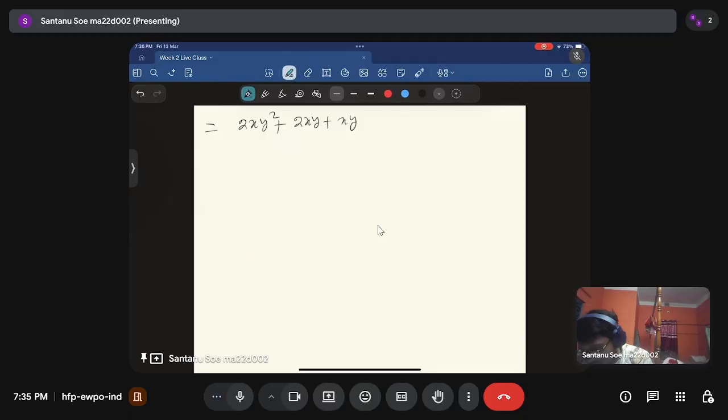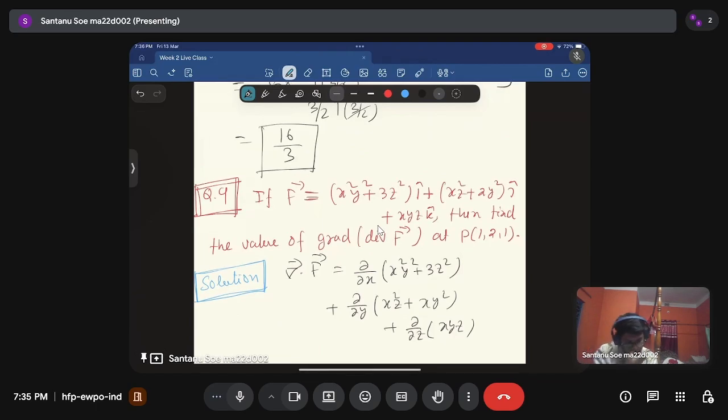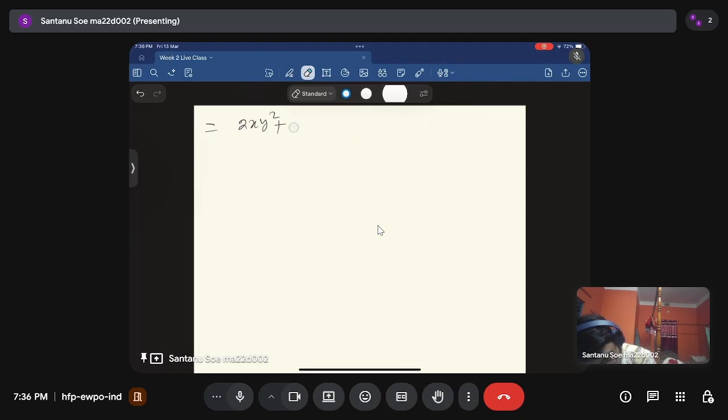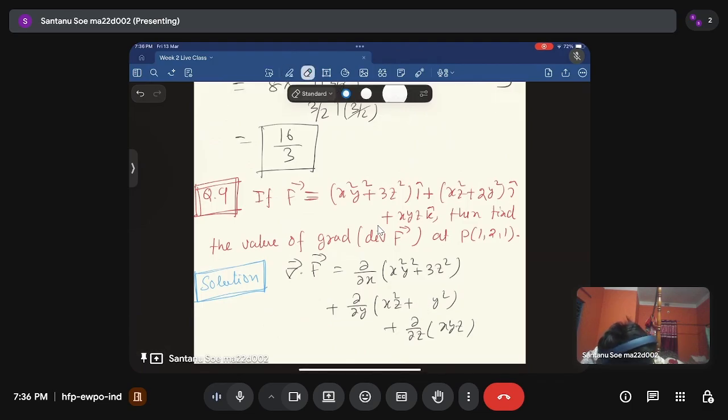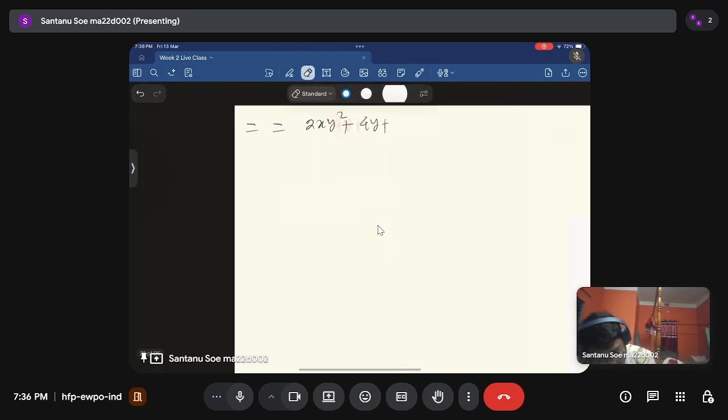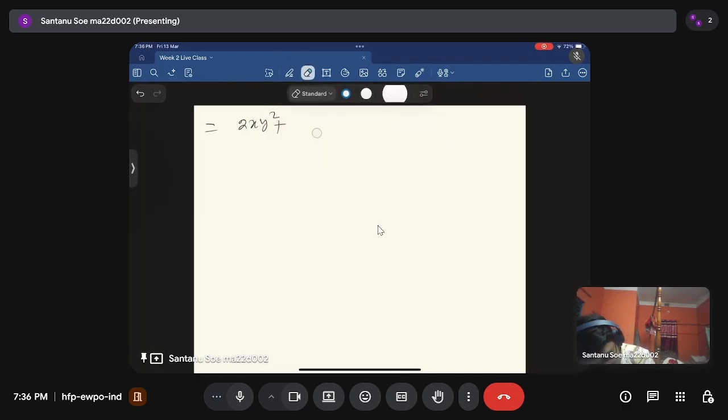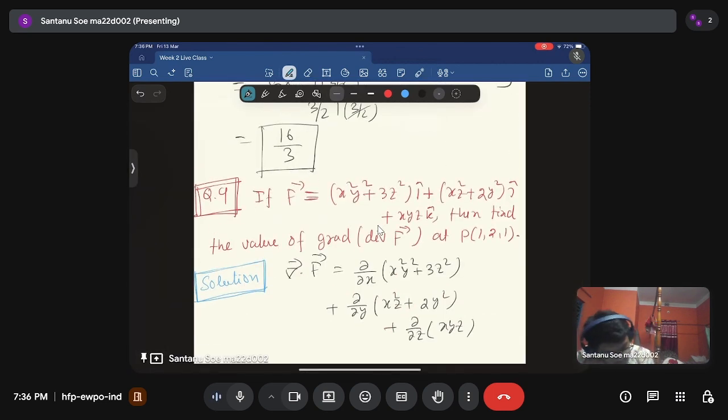Okay, so this will be 4y, because this is 2, sorry, this is not x, this is 2, and this is 4y, plus xy, because the derivative with respect to z will be xy.